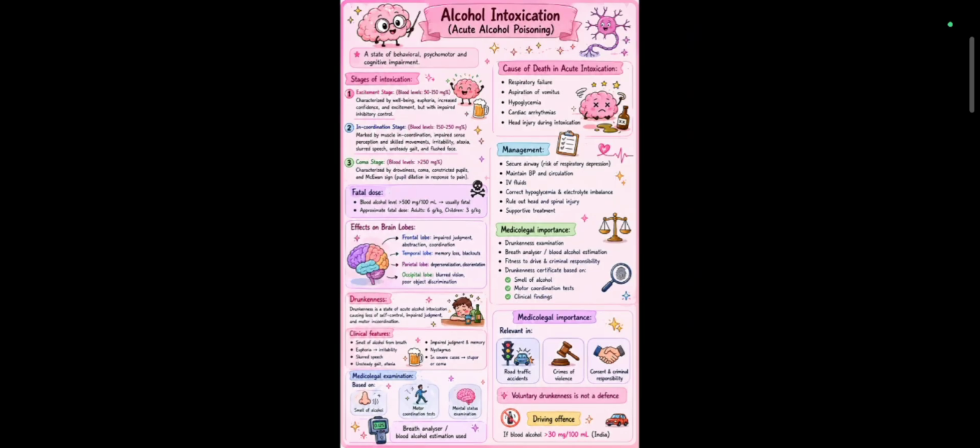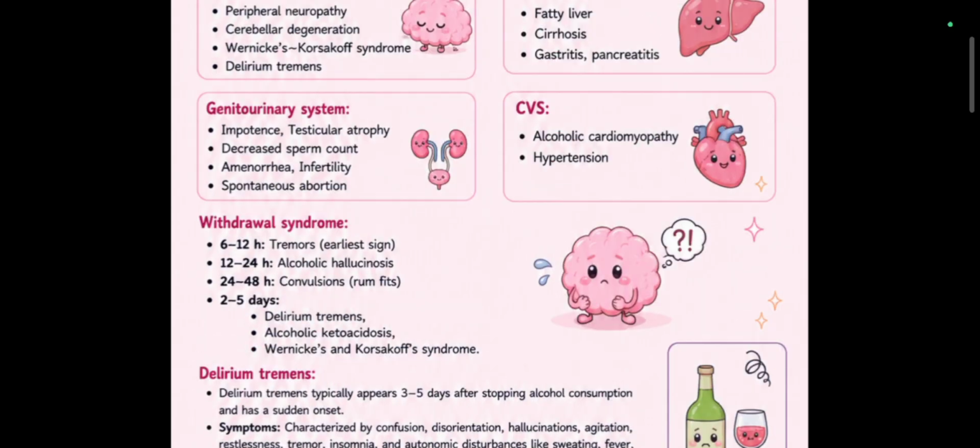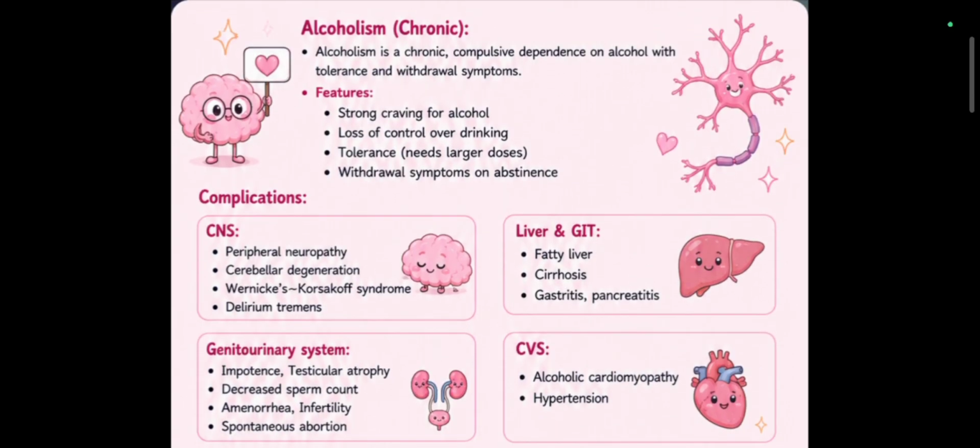Now the last point remaining is chronic alcoholism. Everything is related to alcohol today, and here comes chronic alcoholism. This is the last slide. Alcoholism is a chronic, compulsive dependence on alcohol with tolerance and withdrawal symptoms. So first and foremost, it is chronic.